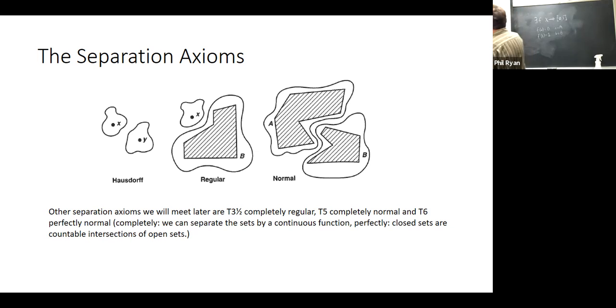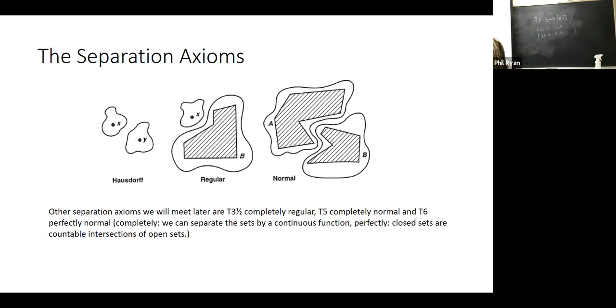And it obviously implies normal, because we just take an open interval around 0, like 0 to a third, pull it back, and that gives us our open set. Similarly, if we take the open set 2/3 to 1 and pull it back, that gives us our disjoint open set containing B. So separating with a function is a better way.